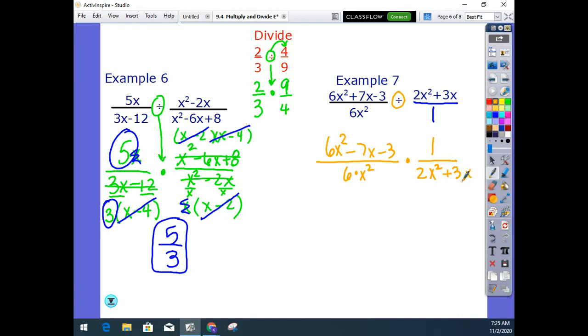All right. So first thing I notice, the easy part, there is a GCF of x. So divide each piece by x.